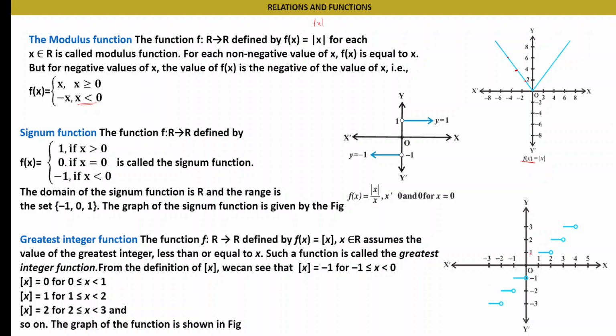It will be 0 if the value of x is greater than or equal to 0 and less than 1. So for all of these it will be 0. Next it will be 1 for all the values of x greater than or equal to 1 and less than 2. Similarly, for 2 to 3, the value will be 2, and for 3 to 4, the value will be 3.